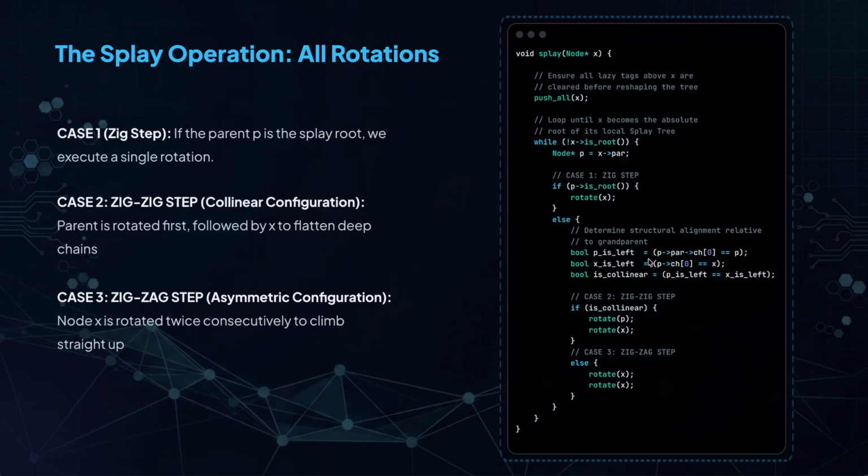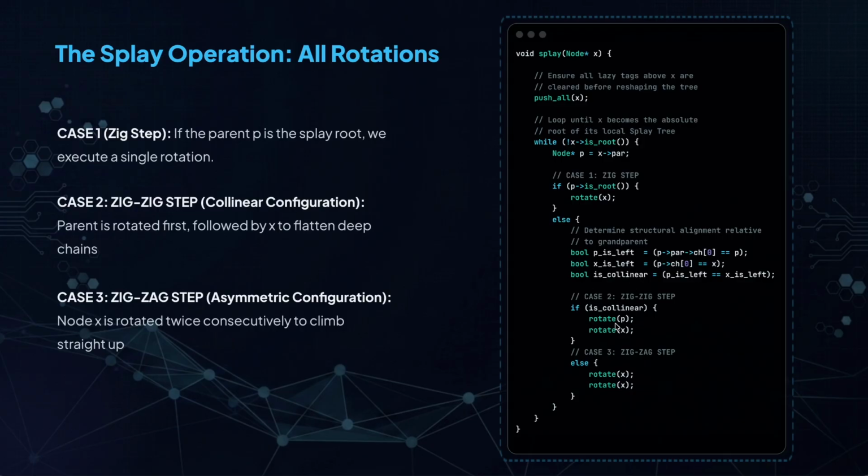So if we have both of them equal, because it can be true, which means p is left, or false, which means p is right, and the same for x being left or right. So either we can have p is left and x is left, or p is right and x is right. If something like that happens, they're collinear, and then we proceed to the zig-zig step.